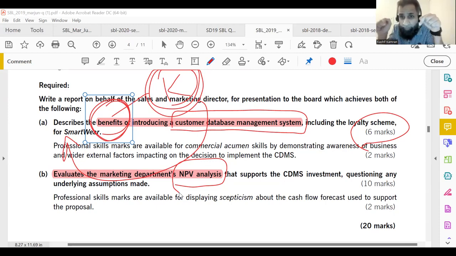But what is the concluding point here, all of you? The success in SBL lies in reading, understanding the case study, and extracting an answer out of it. I hope you agree with that statement as well. The success in SBL lies in reading the case study, extracting the answer from the case study, and getting success. You cannot go to the SBL exam paper assuring yourself that whatever I have learned will come in the paper.